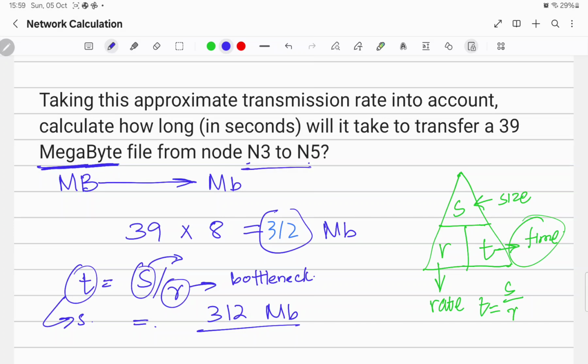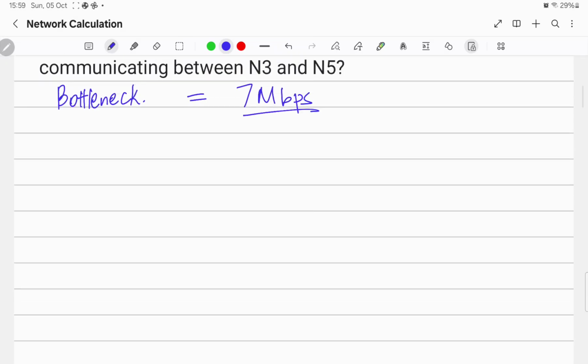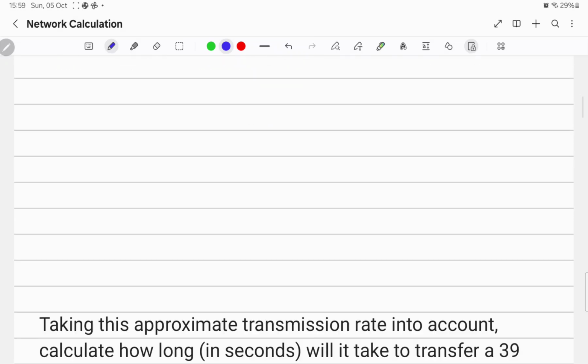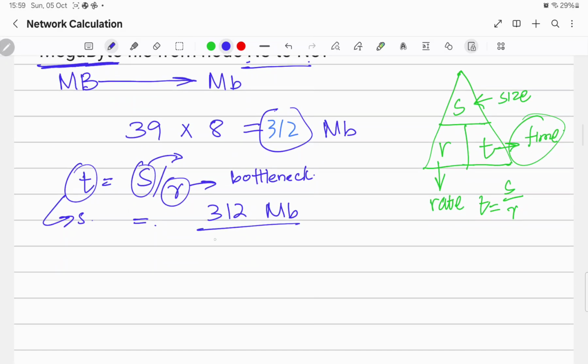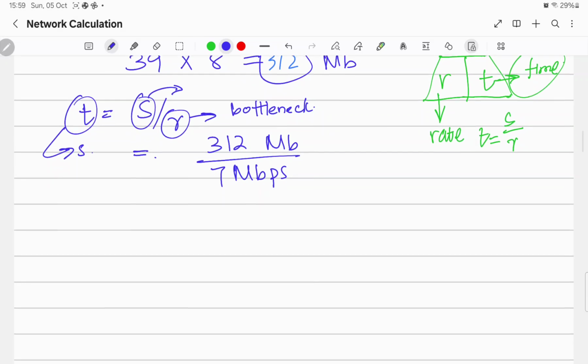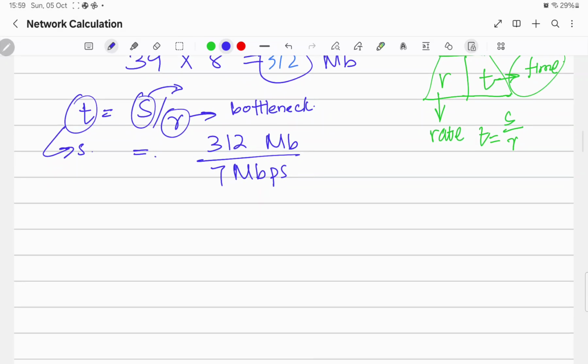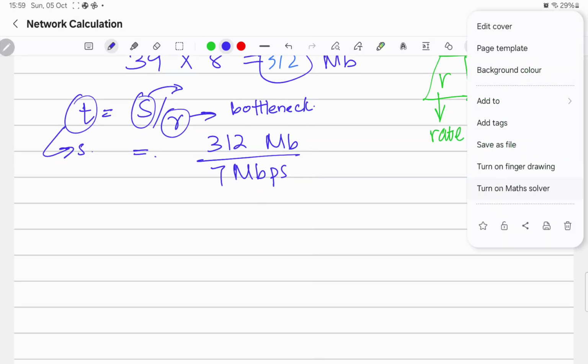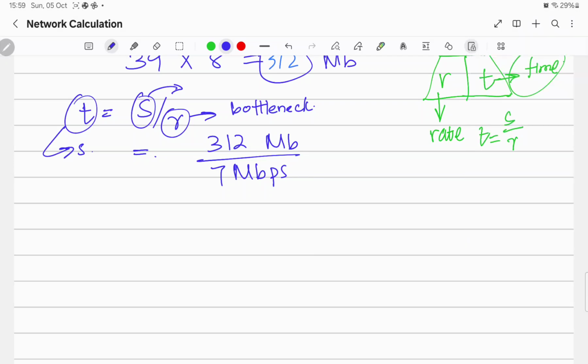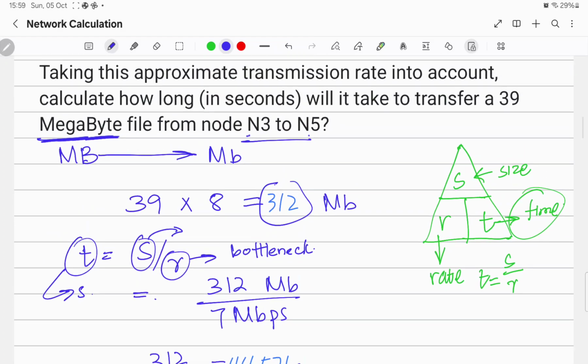We have already calculated this from the previous question, which was 7 megabits per second. Then you punch this on your calculator. Let me turn on Math Solver and see what value it will give me. So 312 divided by 7, this is our answer in seconds for this question.